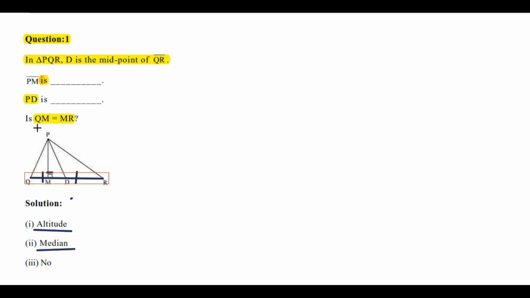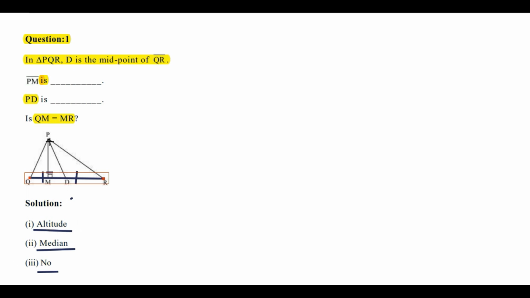Now it is asking, is QM equal to MR? I told you D is the midpoint. So QD is equal to DR, not QM equal to MR, because M is not a midpoint. That's why the answer is no. So beta, for this you should know the definitions.